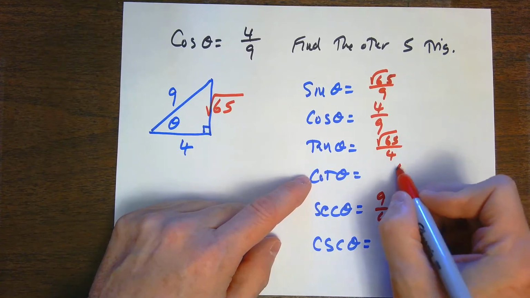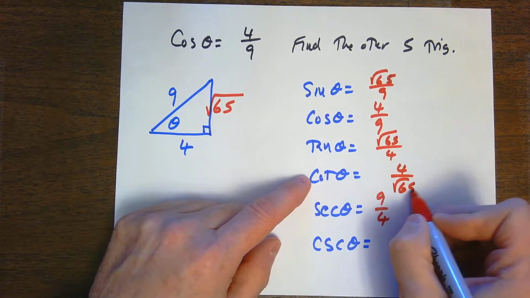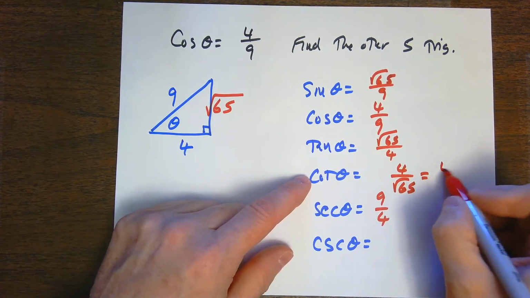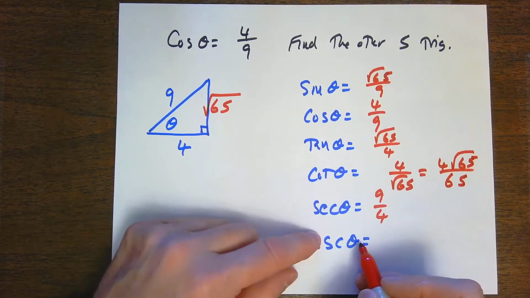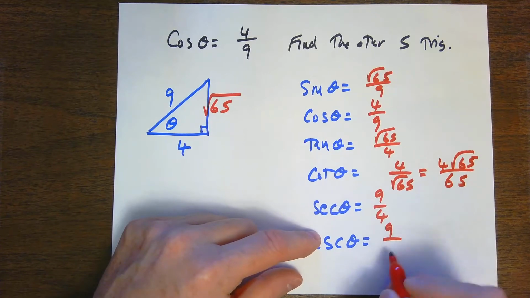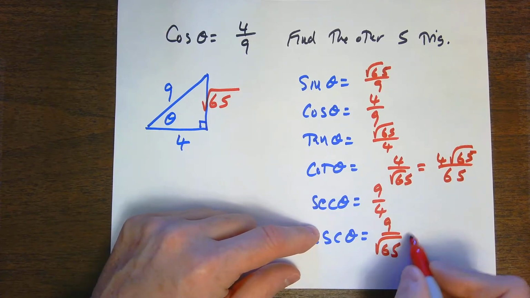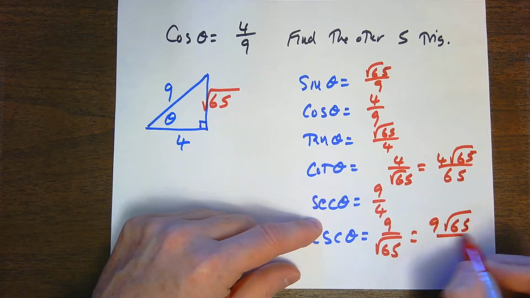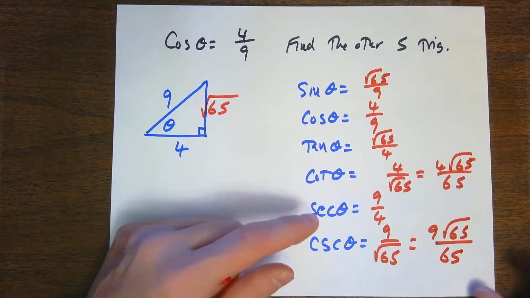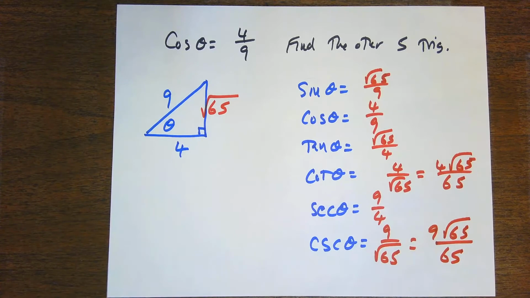Take the reciprocal, 4 over root 65, but let's rationalize the denominator: 4 root 65 over 65. The cosecant is going to be 9 over root 65. Rationalize the denominator: 9 root 65 over 65. So once we know one, we can find all of the other ones.